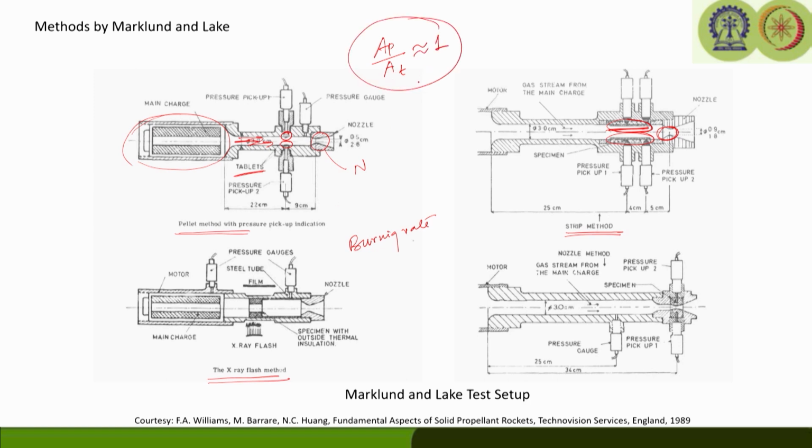The major disadvantage of this procedure is that many runs are necessary, because we have to conduct tests with a number of tablets of various thickness, and these procedures require a number of runs to determine the time development of the surface contour. So, that is the major disadvantage in this method.